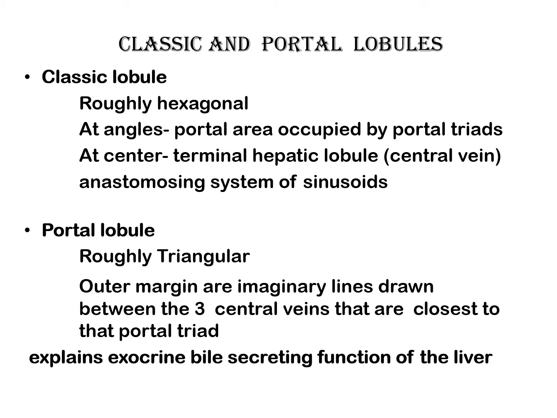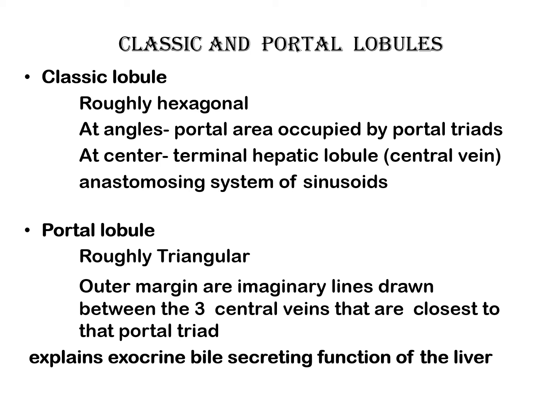The second is the portal lobule, which is roughly triangular in shape, having a central axis through the portal field. The outer margins of the portal lobules are imaginary lines drawn between the three central veins that are closest to the portal triads.